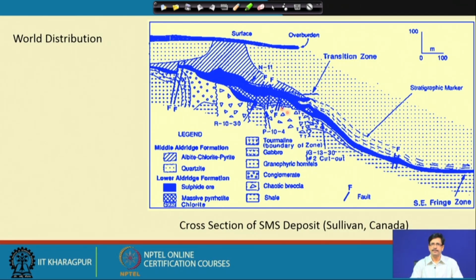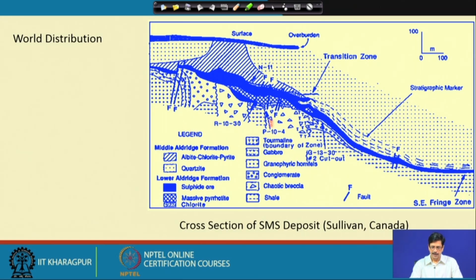The morphology of the ore body could be very well seen here. This section is from the Sullivan deposit in Canada, where you could see the sulphide ore very well conformable to the sedimentary strata. Different horizons are present, and it has a very prominent brecciated zone, shown here. This is the chaotic breccia zone which we just saw in the generalized morphology, and a conglomerate horizon here.